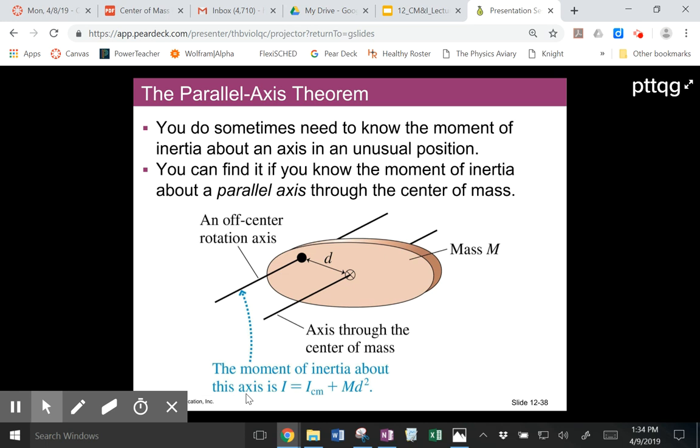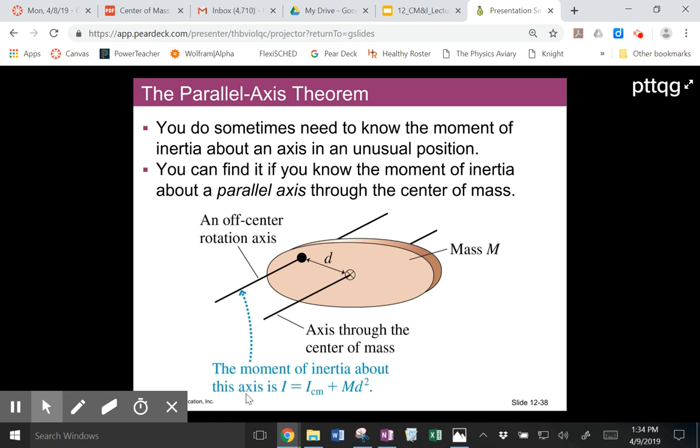So if you're being really nitpicky, the distance d between the center of mass axis and the actual axis of rotation is a little bit less than r, the actual radius of this thing. Okay, so to find the parallel axis theorem moment of inertia for this thing, it's just whatever you get from the chart for its moment of inertia about its center of mass, and then you look at the distance between the axis that goes through the center of mass and your new axis of rotation. That's your d value. And again, treat it like all the mass is concentrated at that point, so md squared.